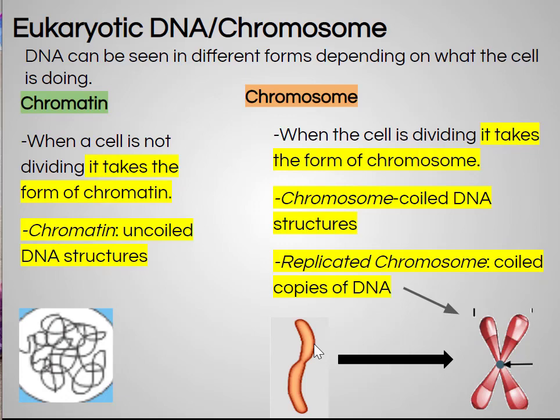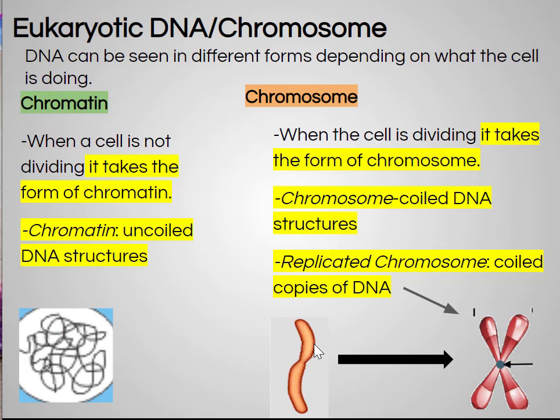Now, when we talk about eukaryotic DNA, so we have eukaryotic cells. So animals, plants, insects, we all have eukaryotic cells. And when we talk about DNA, it can actually be found in multiple forms. Now, normally we start off with chromatin. Chromatin is when a cell is not dividing.